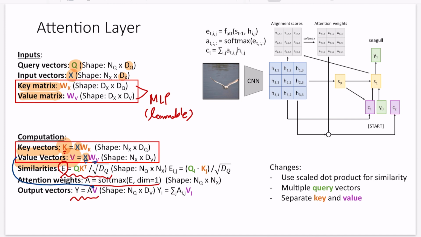So rather than directly using the X, this V vector is the learnable embedding output, which means with a good loss signal, your attention layer will generate much better performance. Okay, so this is the key vector and value vector. The third change is separating key and value.